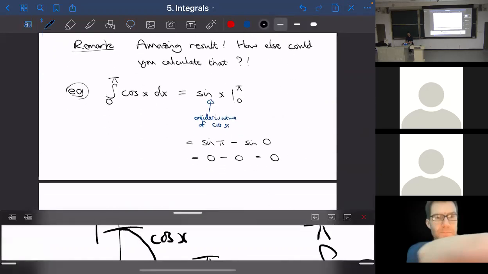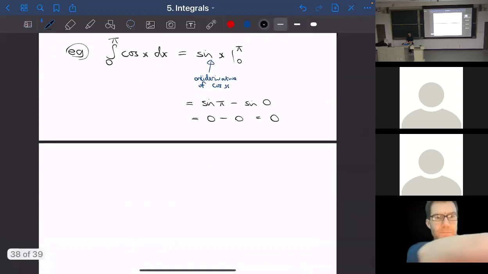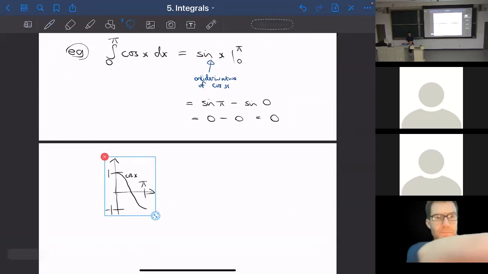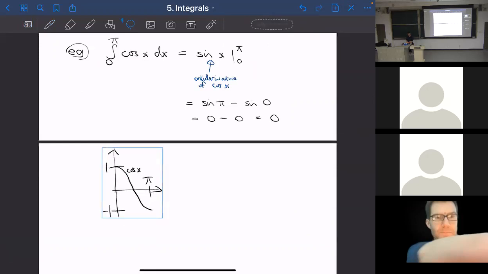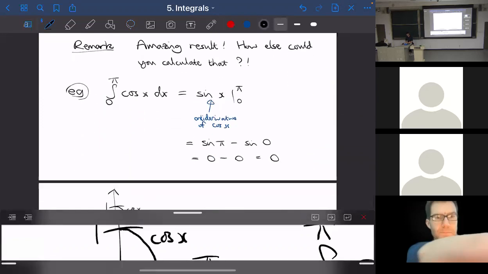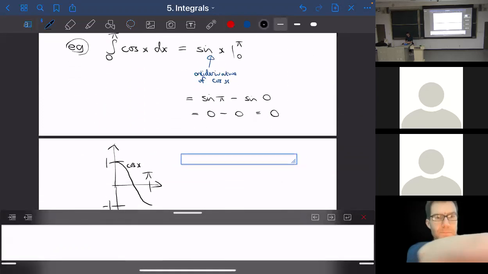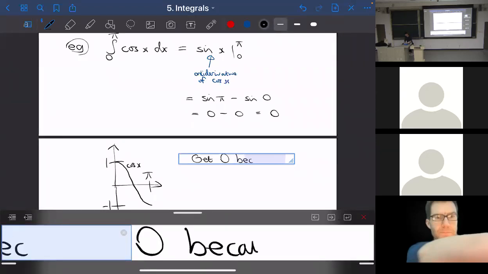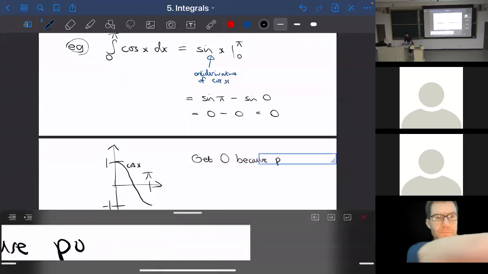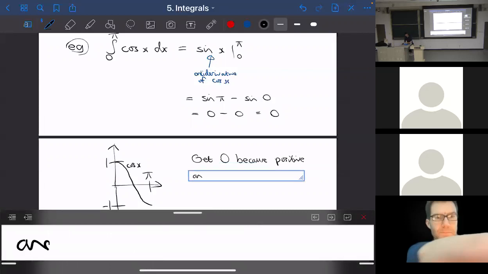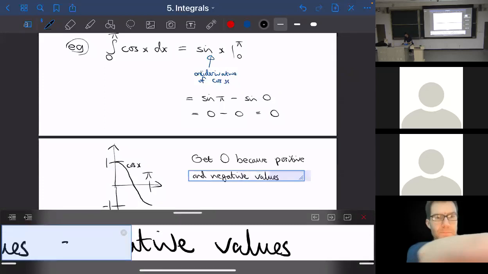In this case, sorry for this bouncing around, in this case, we get 0 because positive and negative values cancel.